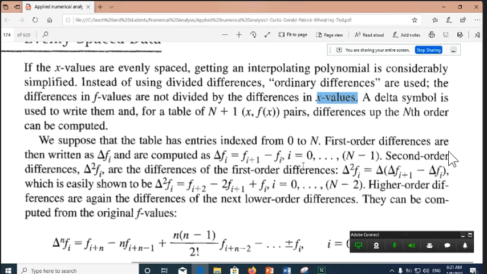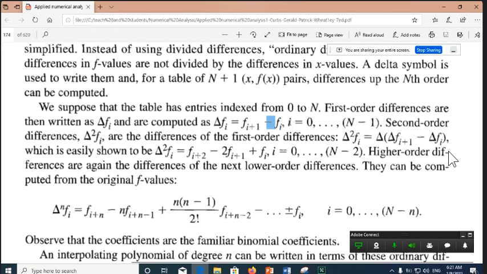The two consecutive values of f are subtracted from each other, and this difference is shown by delta fi, or simply del fi, for the index from 0 to n minus 1.